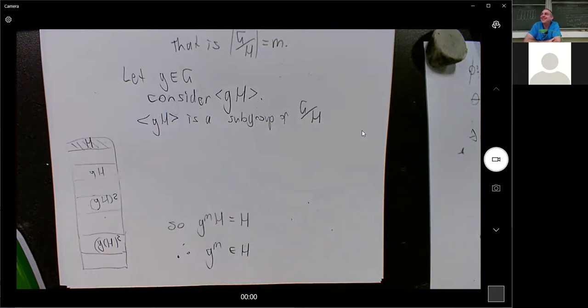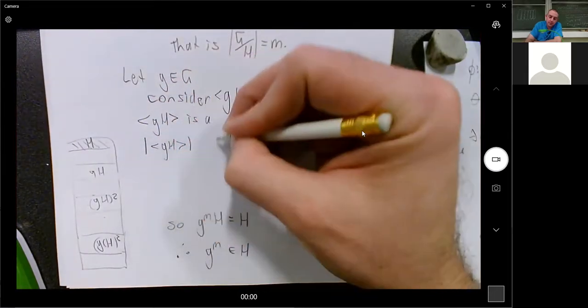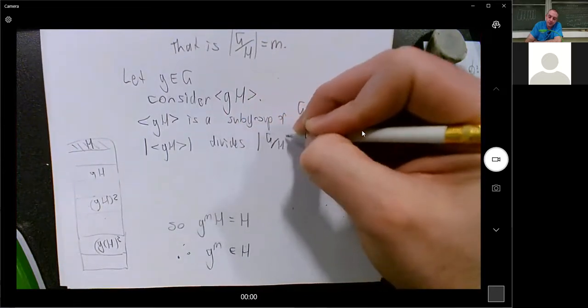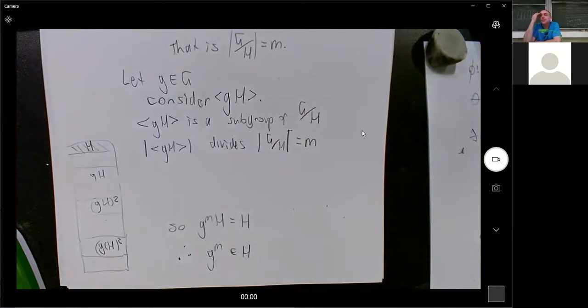So it is a subgroup of G factor H, which means its order divides the order of G factor H, which is m.